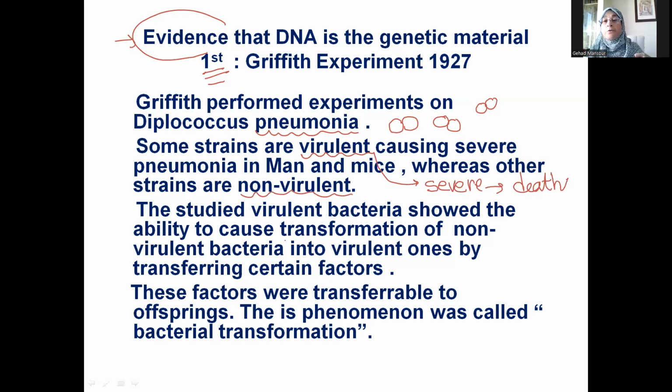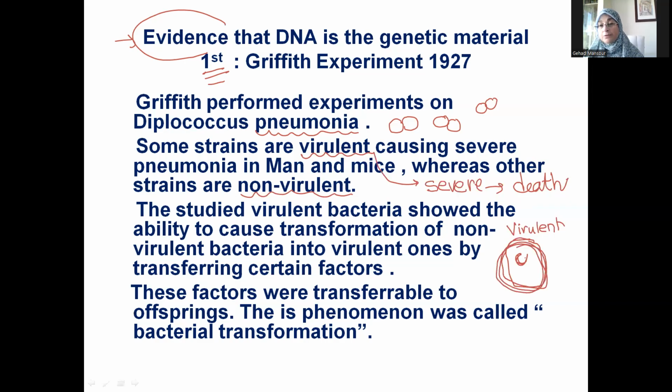Griffith's experiment showed that these virulent bacteria that cause death contain a particular substance. If this is the bacterium, that is a virulent bacterium. Actually, it is a spherical one because it is a coccus.